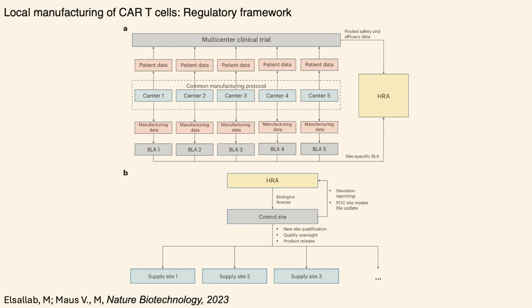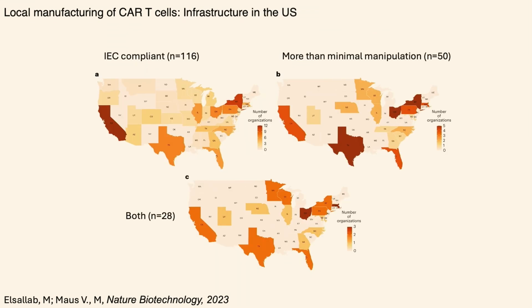Again, we thought of this question and were thinking, what is the infrastructure available in the United States that can actually serve this purpose? And FACT-accredited cell processing facilities can be a starting point.